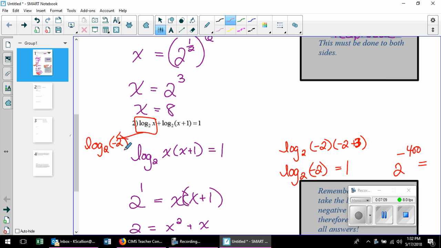There's nothing. 2 to the exponent k equals -2 is never going to happen, because a negative exponent just means a really small fraction. There's nothing that will turn a positive base into a negative number.